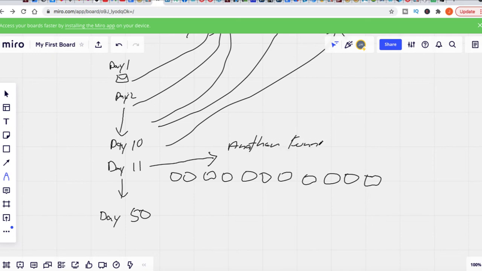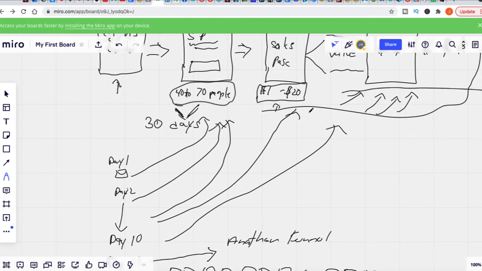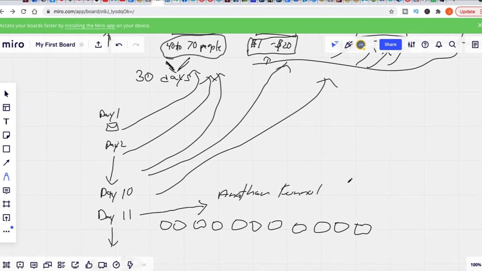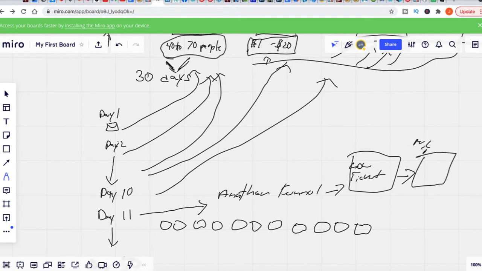And this other funnel is going to be set up similar to this funnel up here, right? So I'm going to send them to another low ticket offer that leads into another funnel that has mid ticket to high ticket to recurring, all of these different products that you could have within a funnel.